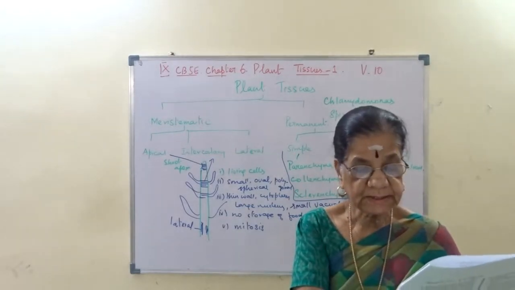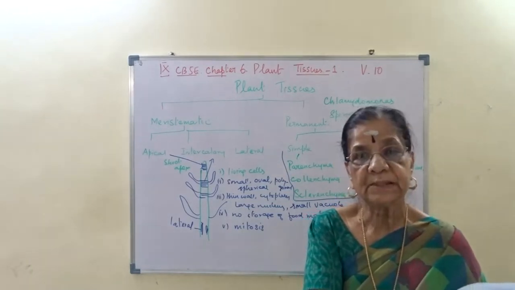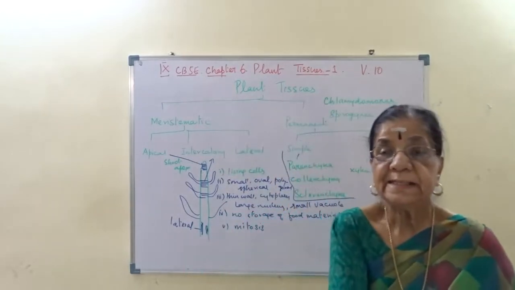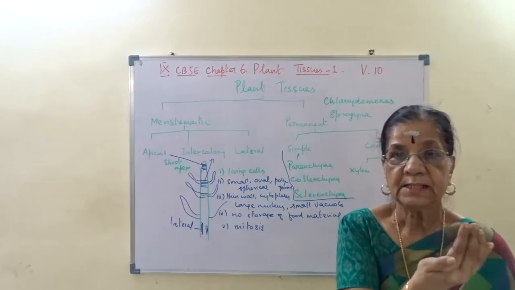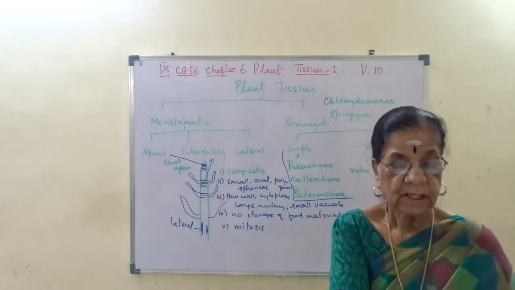The girth of the stem or root is increased due to lateral meristem. The lateral meristem also forms the cambium. In the continuation of the video session, like animal tissue, we have a picture presentation, like the cambium picture.